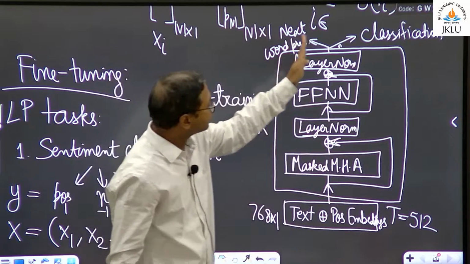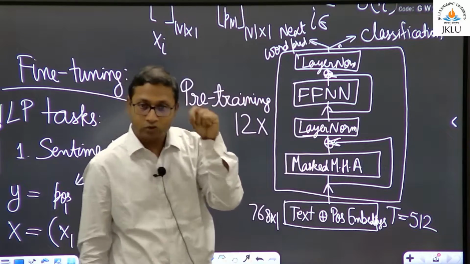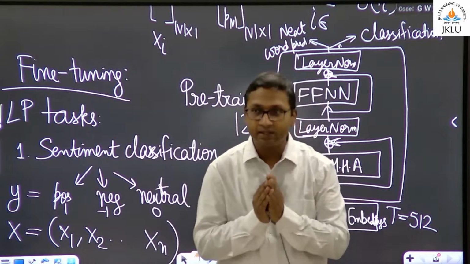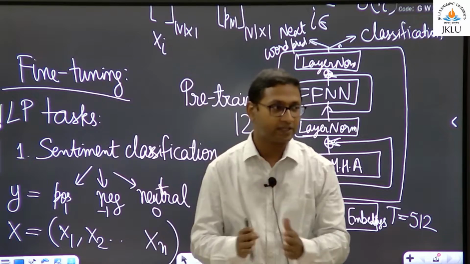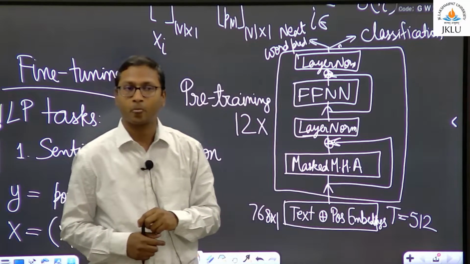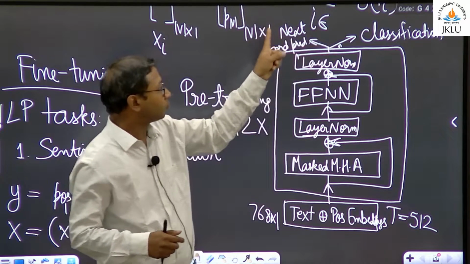Now, which of these output vectors is the richest one? Richest in the sense that it has seen all the things, the maximum that this network has gone through. The last one. Why not the first one?